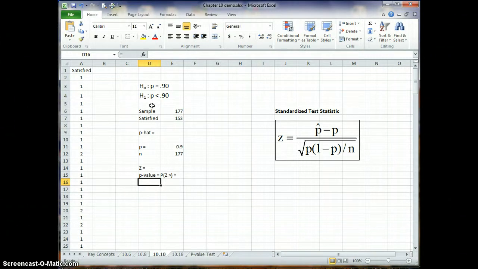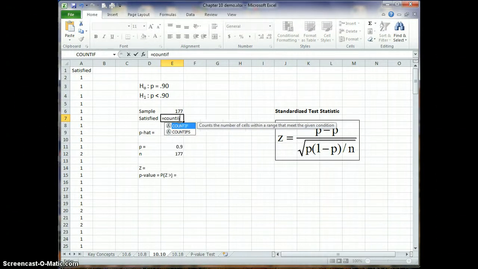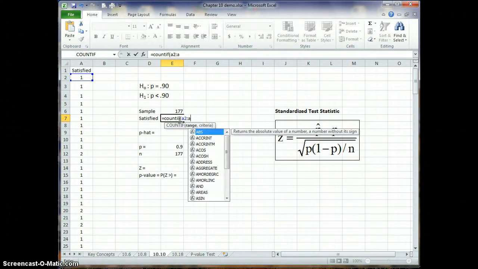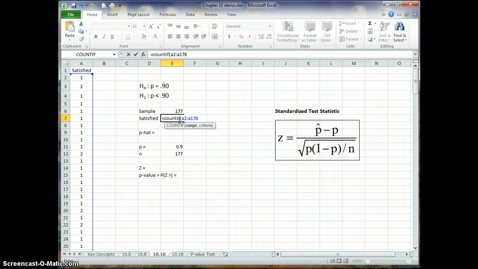So there's a sample of 177, and to calculate the number satisfied, we're going to use a function here. It's called COUNTIF, open paren, and now I'm supposed to indicate the range. So A2 is the first cell, and I'm going to put a colon, and then it's going to go to A178 because there's 177 items in the sample.